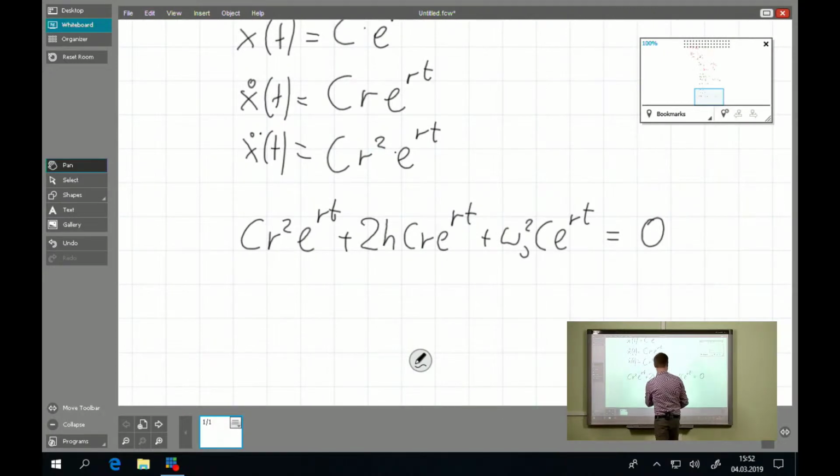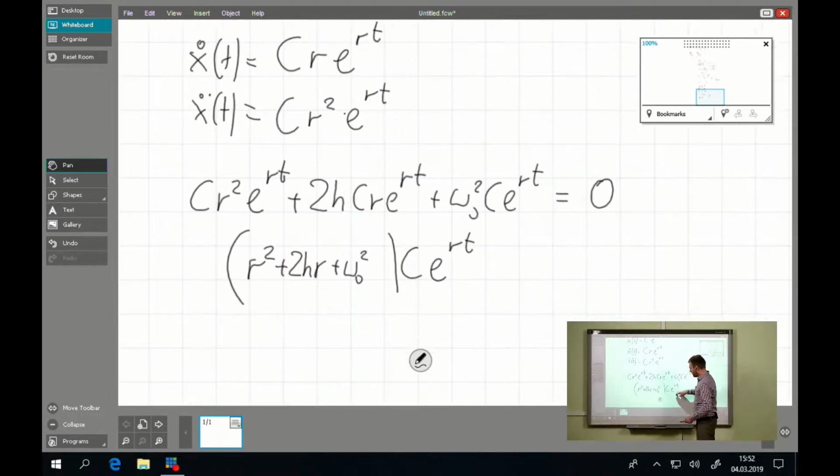And now we see that we have the common factor in the form C e to the RT. It means I will put it here, C times exponent of RT, and against the C exponent RT, we have R squared plus 2hR plus omega 0 squared.